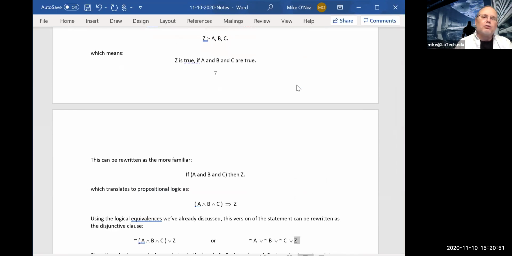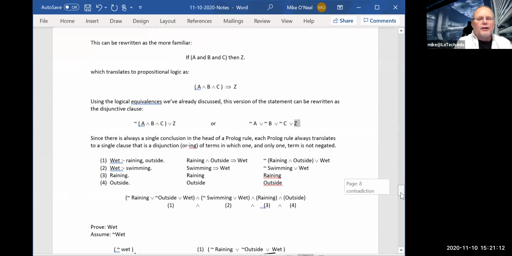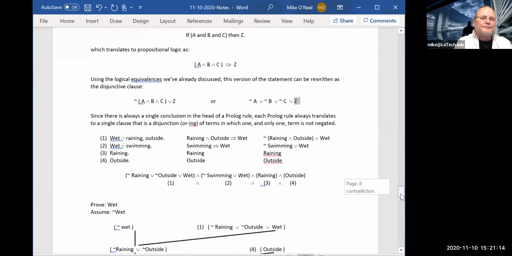You can write that in Prolog. You can't write in Prolog, if I have a fever and a cough, then I have a cold, or I have the flu, or I have COVID-19. You've got to conclude one thing. You can't conclude, oh, it could be this bunch of things here. Prolog doesn't allow that. Okay?